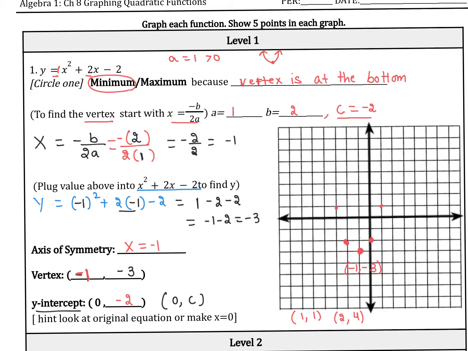So you're going to use the pattern to graph the parabola. This is going to be an upward facing parabola with the vertex negative 1 comma negative 3. Since this is a minimum value, the minimum value would be the y value, that's negative 3.